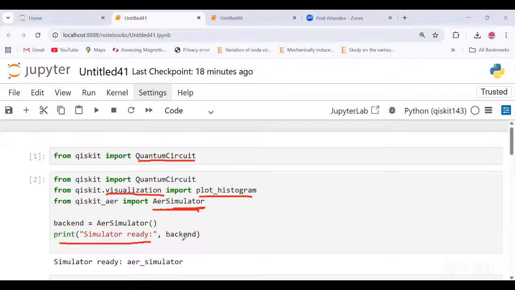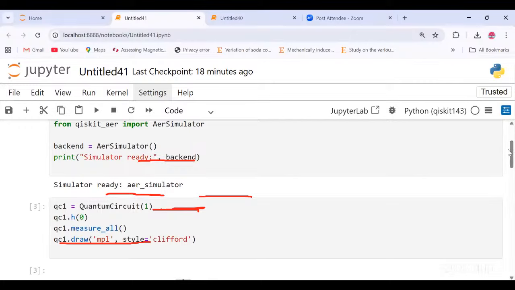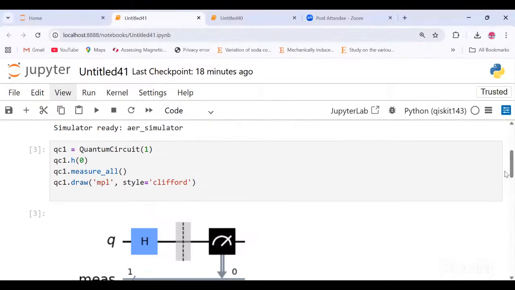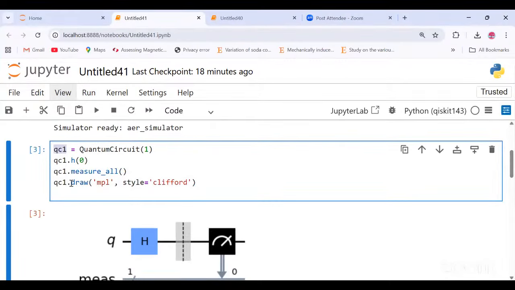In the next step, we have given one variable, QC1, a quantum circuit of one qubit.